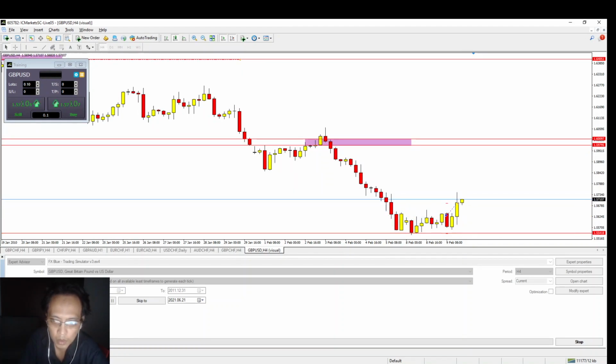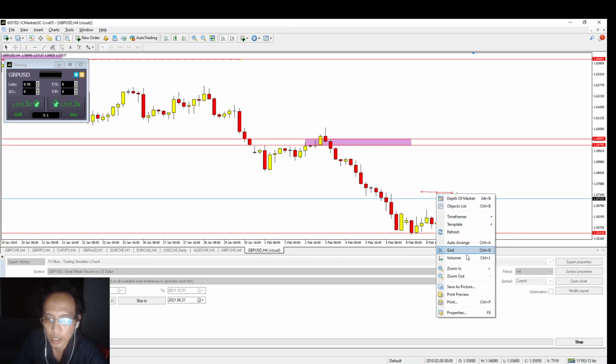So that is the activation. But the rationale for my buy is actually because of this weak sell momentum. So when I see this, I know price might probably go up.